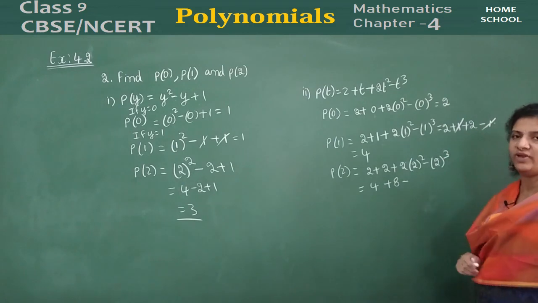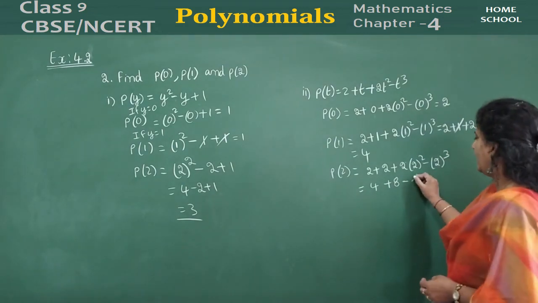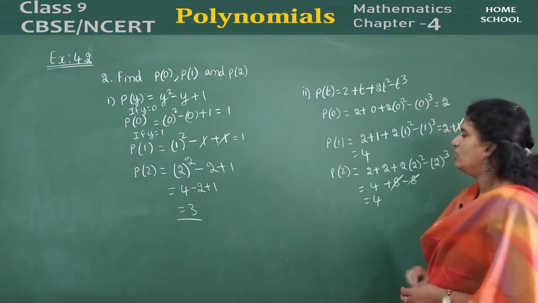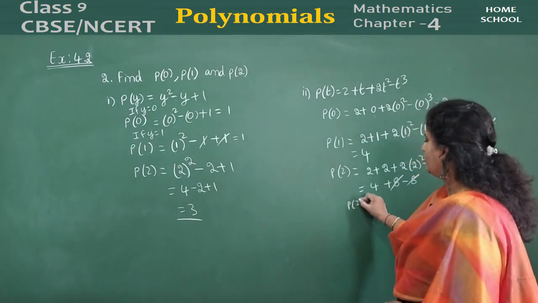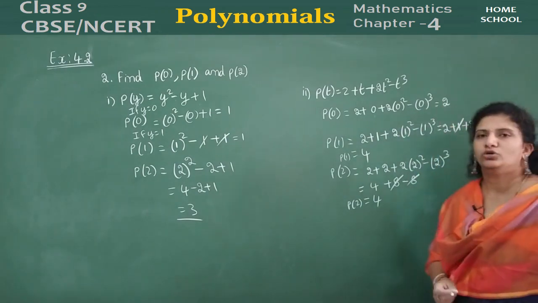Minus 2 cube means 2 three times you multiply. 2 2s are 4, 4 2s are 8. Plus 8 minus 8 cancels, then that will be 4 is your answer. P of 2 is equal to 4, P of 1 is equal to 4 and P0 is equal to 2.